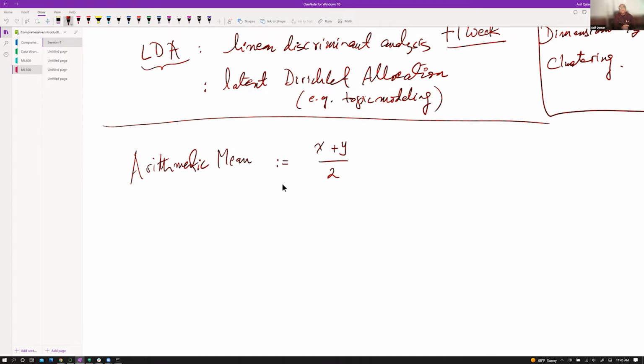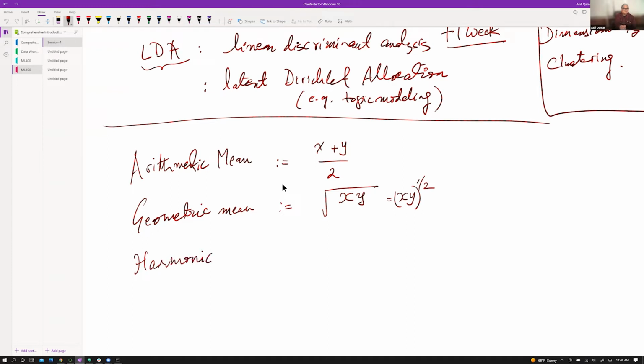Would you agree? Geometric mean is defined as the square root of x times y, which is the same as xy to the power half. Harmonic mean: 1 over the harmonic mean is equal to 1 over x plus 1 over y.